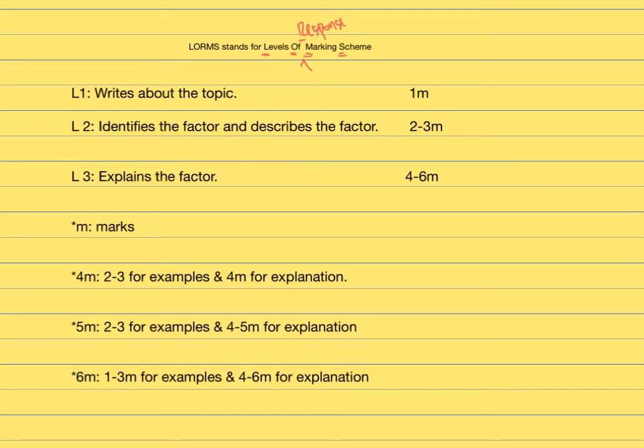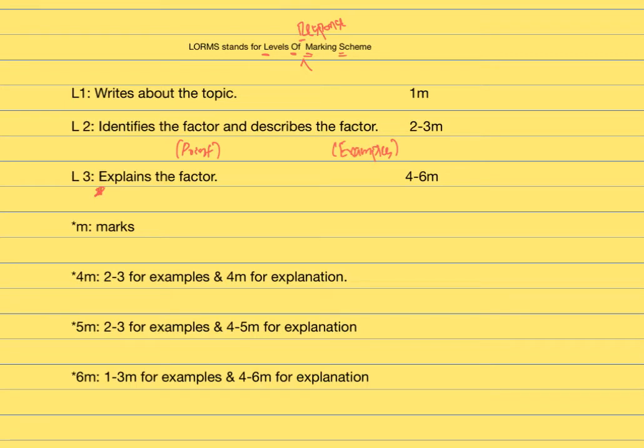So L1 is writing about the topic. L2 is basically identifying the factor, or simply put, the point, and then describing the factor, and this is where your examples come in, okay, in history. And then of course your explanation, which you need to have to score the highest marks.